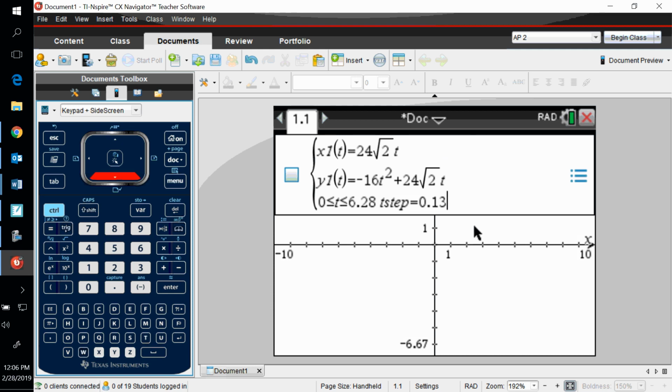And we want to change our t specifications. So we want to do our t's from 0 to 4, it says, and we want to do our t step as 0.1.